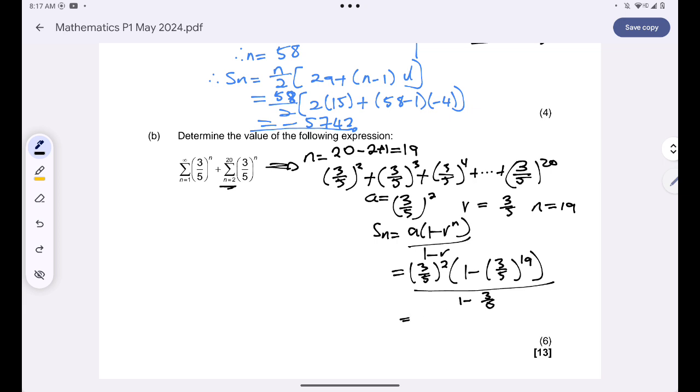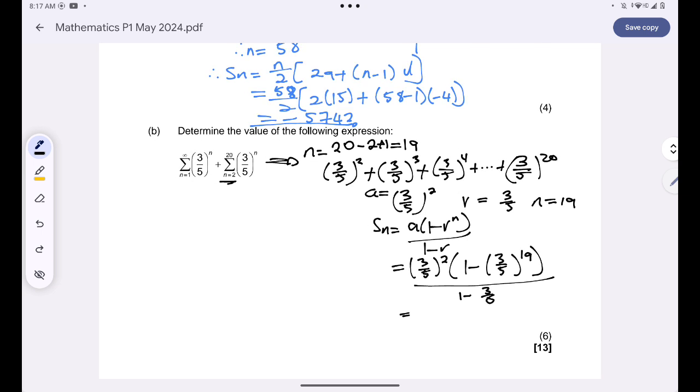Let's see what you find there. This will give me 0.8999451576, right?